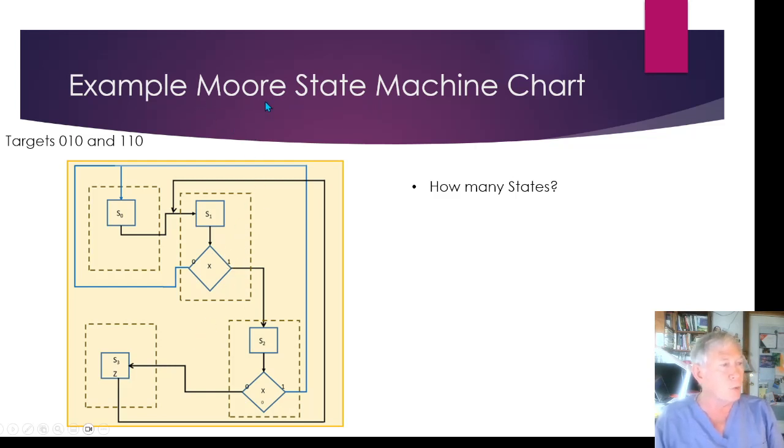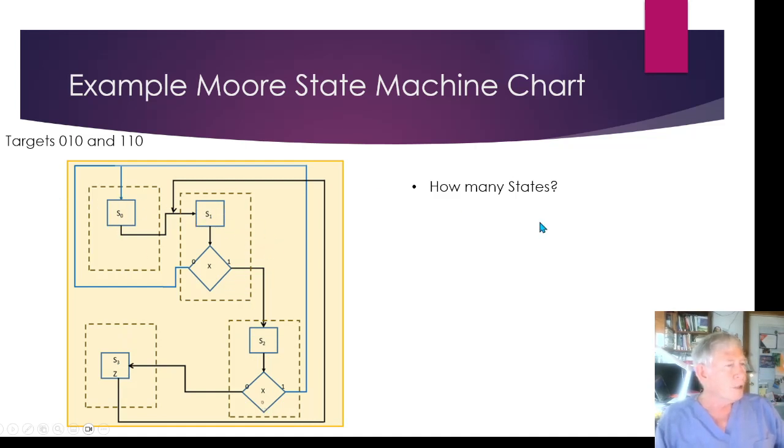But since this is a Moore, there will be no conditional output boxes because those are always Mealy outputs. It does have Moore outputs, and they're always associated with the state box. So here you see Z is associated with the S3 state box, and when it appears, that means it's 1. When you don't see it, then it's 0. All right, and this little 0 down here is a mistake. Just ignore that. It's a typo.